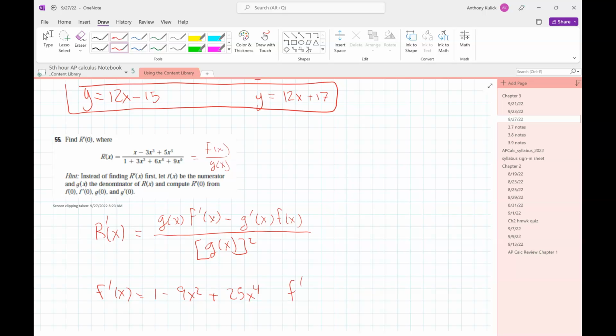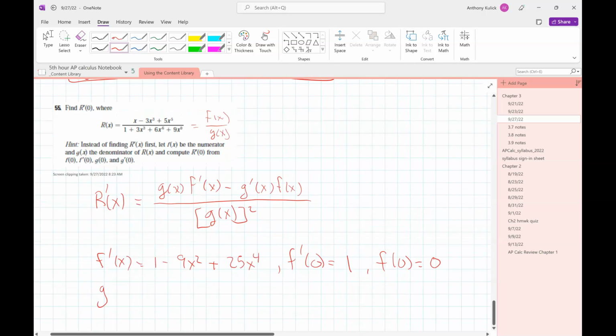And if I do that, f prime of 0 is just 1. And I guess I should write f of 0 there, trivially just 0, since everything has an x in it. G prime is going to be 9x squared plus 36x to the 5th plus 81x to the 8th.